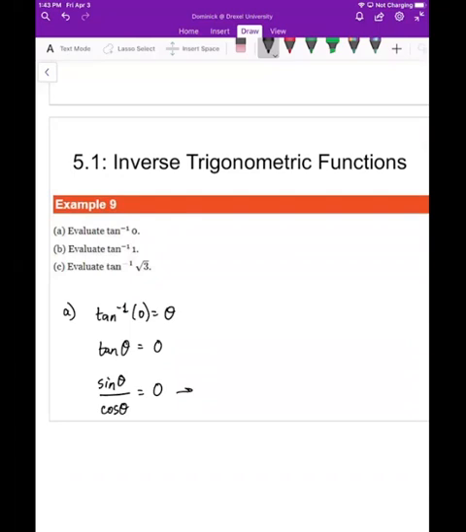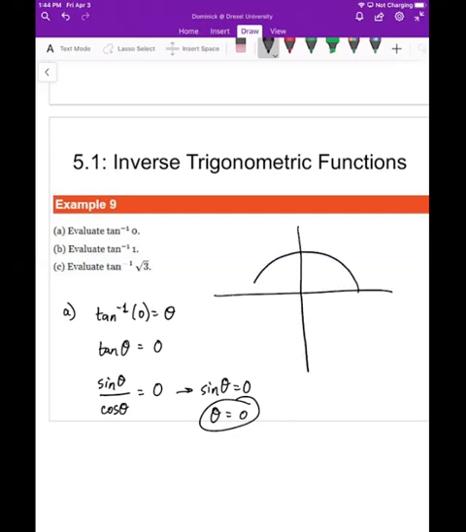So if sine over cosine is equal to 0, that means that sine is equal to 0. Between negative pi over 2 and pi over 2, sine is 0 at an angle of 0, because if you look at your unit circle, and we're only concerned with the right half because of our restricted domain, sine is 0 here.